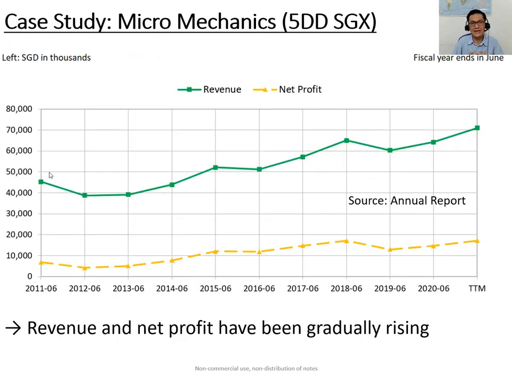So let's do a case study to practice what we have learned just now. Today's case study will be Micromechanics, a Singapore listed company that is involved in semiconductor business. If you look at the revenue and net profit numbers, they are actually growing over the past 10 years, which is a good sign the company is growing.